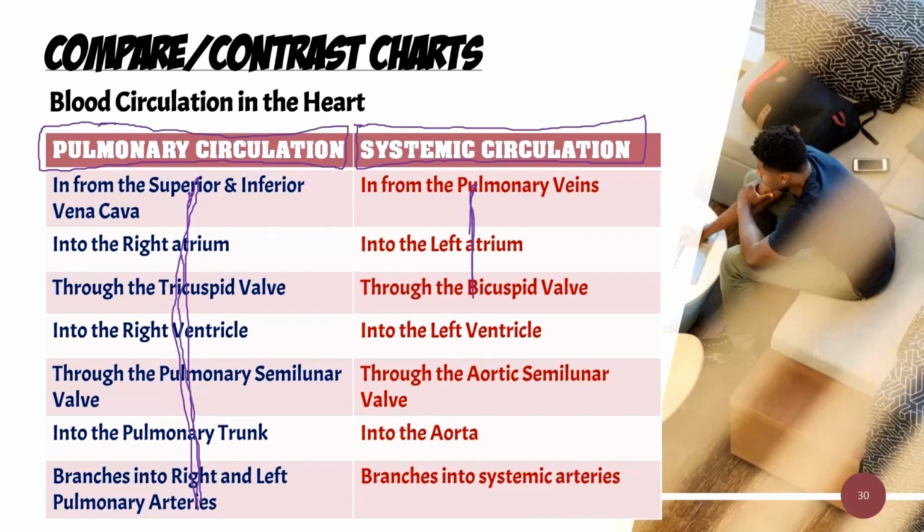Here on the right column are all the anatomical regions the blood travels through for systemic circulation. So as you can see, this is comparison and contrast. Like at the very top, pulmonary circulation comes in from the superior and inferior vena cava, but in systemic circulation it comes in from the pulmonary vein, and so on and so forth.